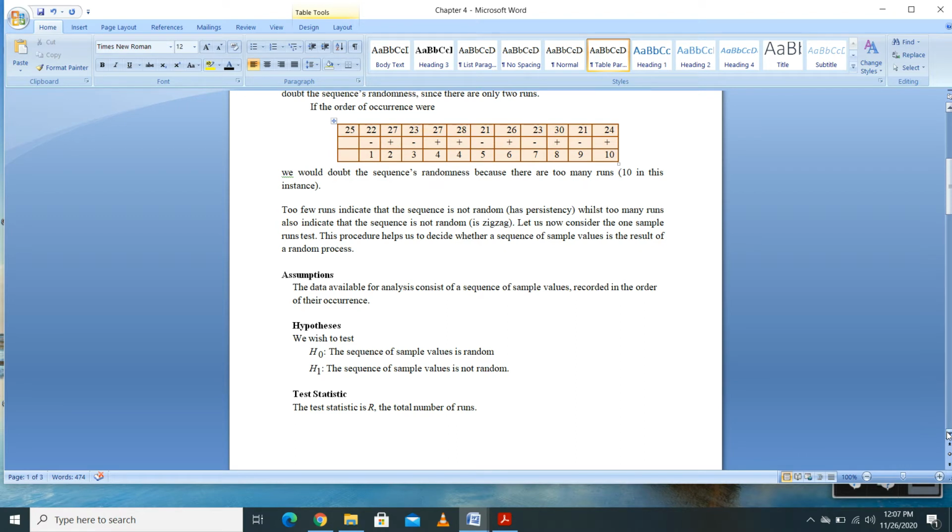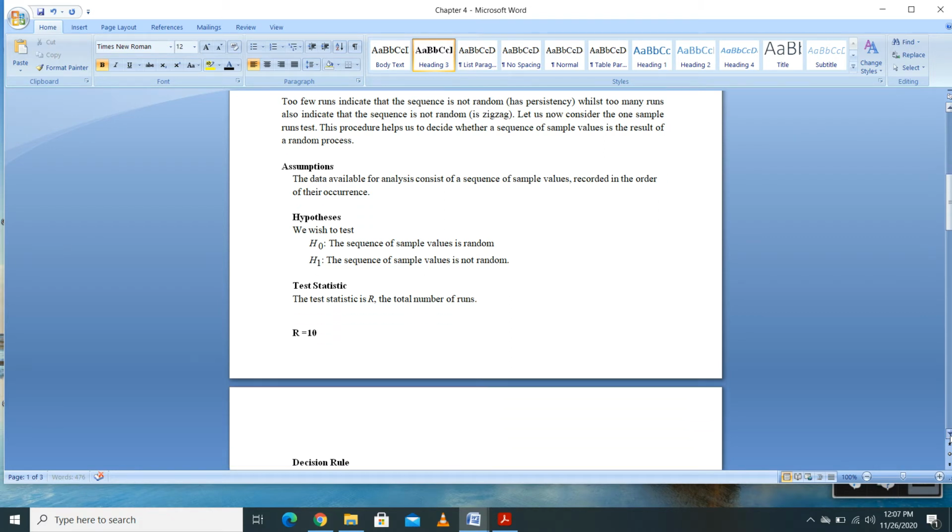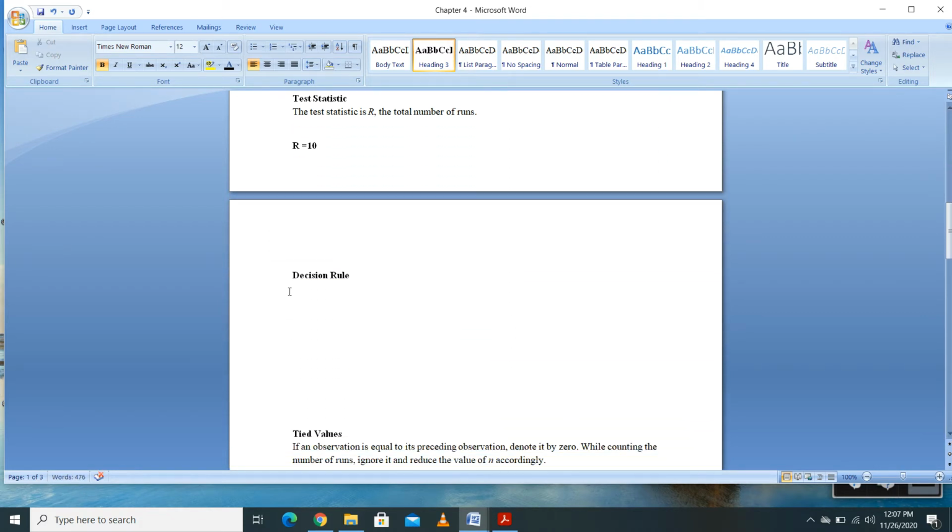So as I explained, when you take the sample, after counting the number of runs you have inside the sample, you take it as the test statistic. So if you take this example, since you have 10 runs, our test statistic value here is equal to 10, right? So you can very easily calculate the test statistic. And in this case, when you have to take the decision, what we do is we read the runs table, where you have 2 values. When you read from the runs table, you will get a lower bound and an upper bound, right?